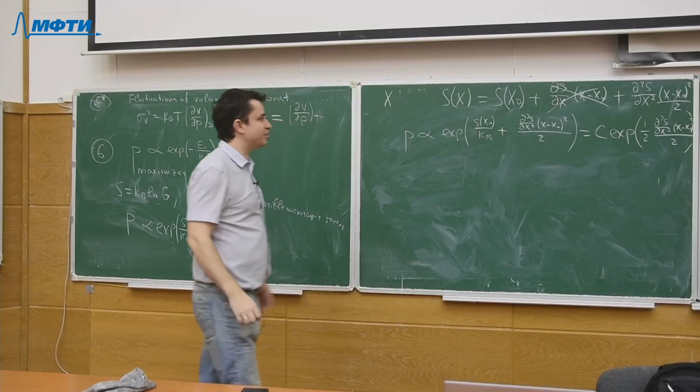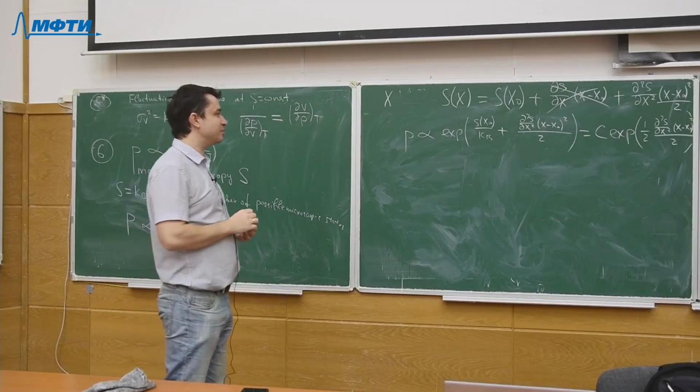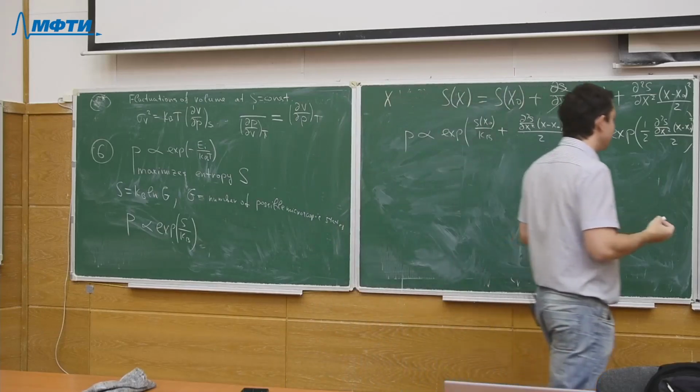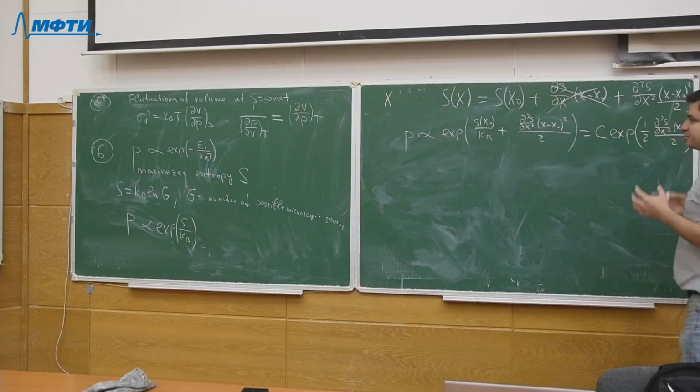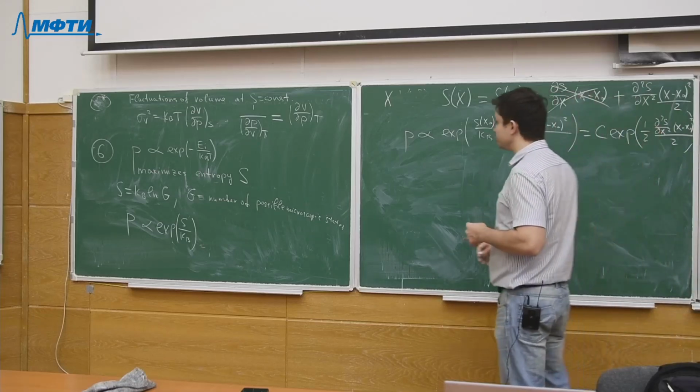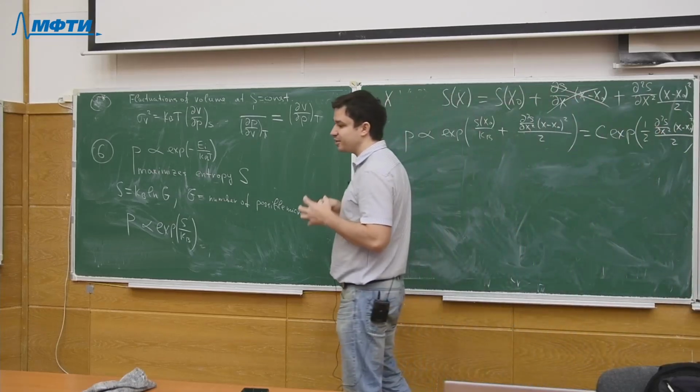So that's the general rule for calculation of probability, but please keep in mind that in the case when your system is not adiabatically insulated, then this entropy should apply to some adiabatically insulated system.